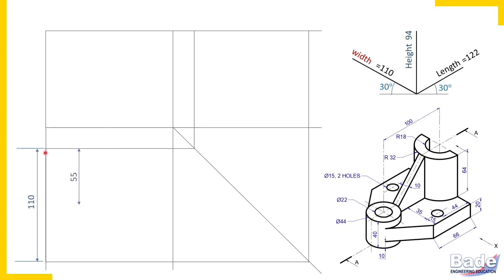Measure 55, total width is 110. Measure 55, half of 110 and draw that axis of symmetry, center line for the top view. And same way here, this is front side and this is back side. In the very first video on orthographic projection, I have explained that this is front, this is back, it is top and bottom.